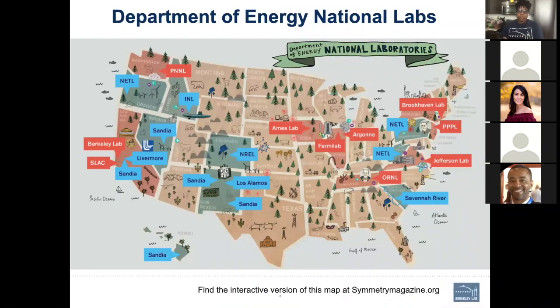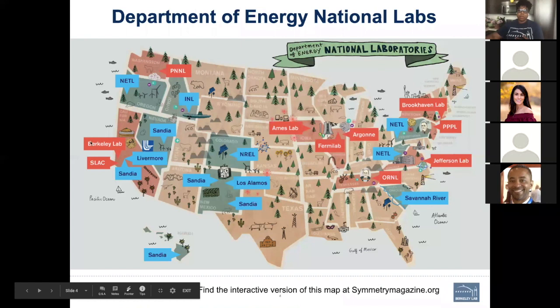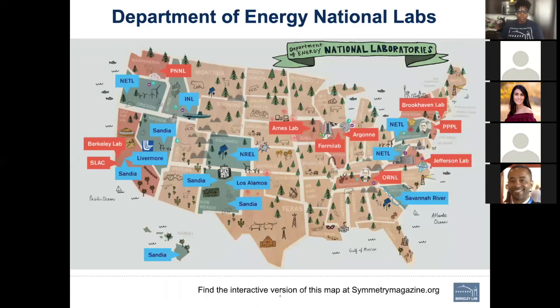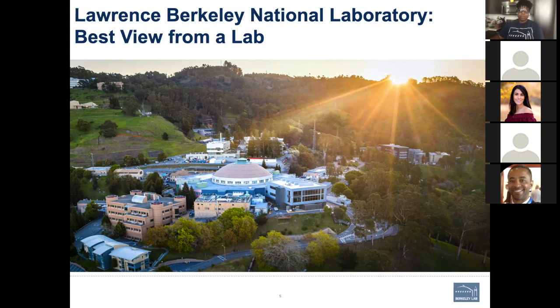So just to give a little bit of background, we are Lawrence Berkeley National Laboratory, one of 17 Department of Energy national laboratories in the country, and that's us all the way on the West Coast. Here we do fundamental research, and we have been doing that work since 1931. If you're interested in learning more about some of the laboratories, you can actually visit symmetrymagazine.org, which has an interactive map and allows you to learn more about the laboratories.